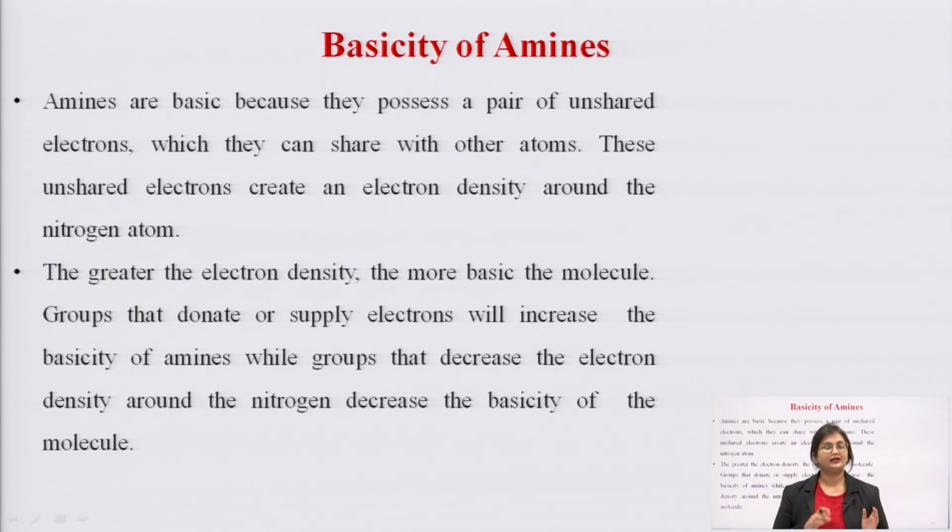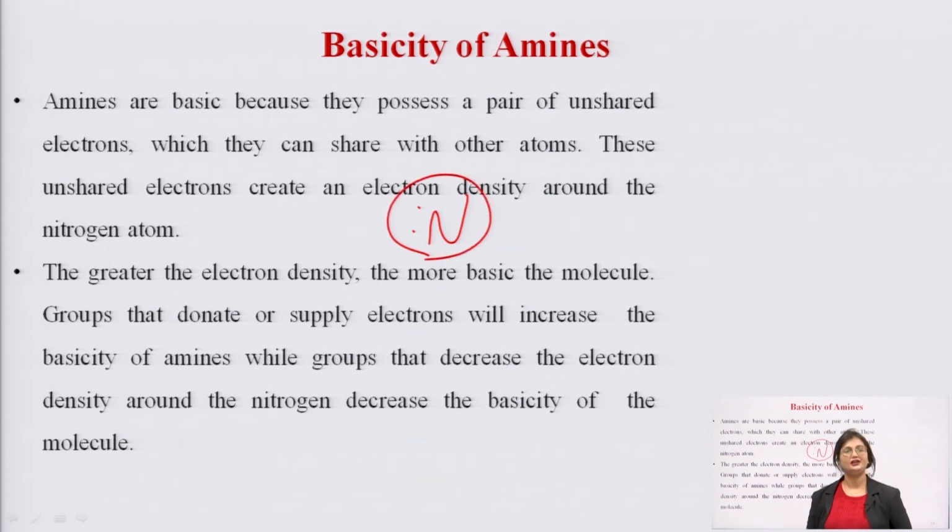Now, the greater this electron density, the more basic the molecule will become. Groups that donate or supply electrons to amines will increase the basicity of the amines. Very simple thing, amines contain a lone pair of electrons which form an electron cloud around the nitrogen atom, thus helping it in donating the electron pair.